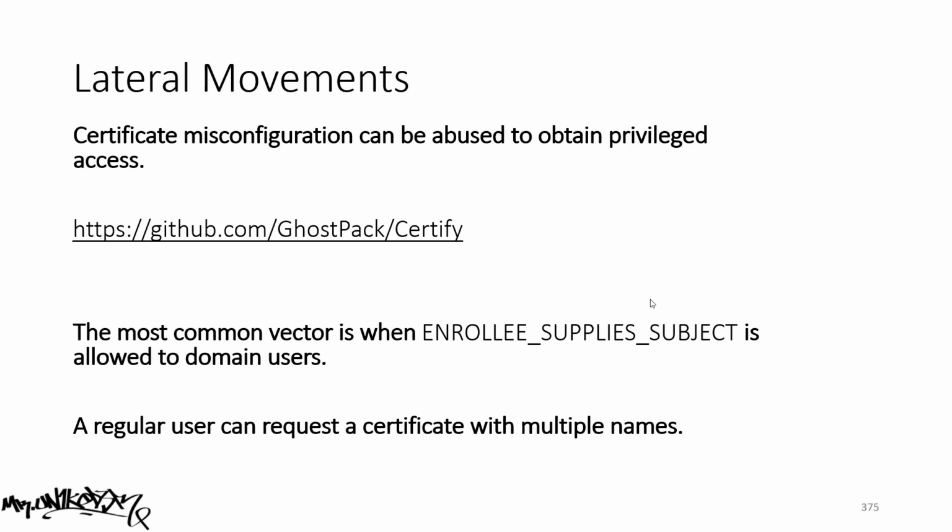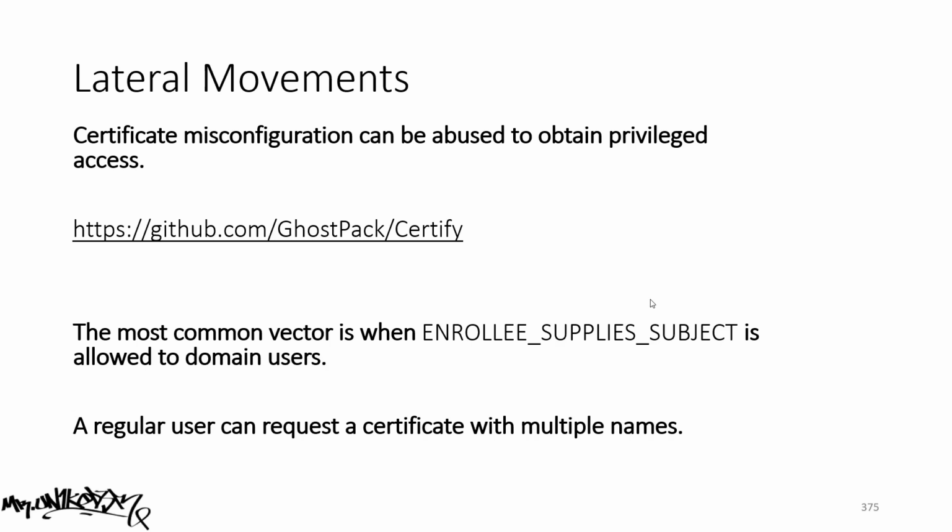You can actually put a privileged account in there, then later on request a certificate only for the alternate users that you provided. So you technically end up with a certificate for a domain admin user that is probably privileged on the network, right? And a regular user can request a certificate with multiple names. That's the misconfiguration that you'll probably see more often.